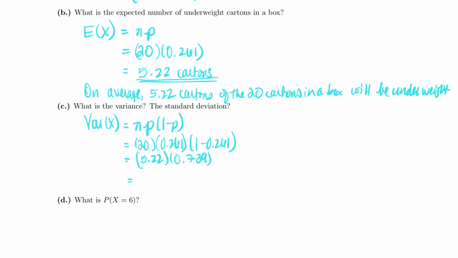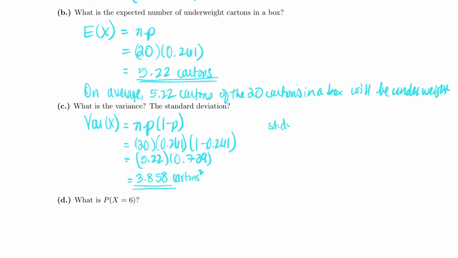So you end up with a variance of 3.858. And this is where we talk about those crazy units. This would actually be cartons squared.